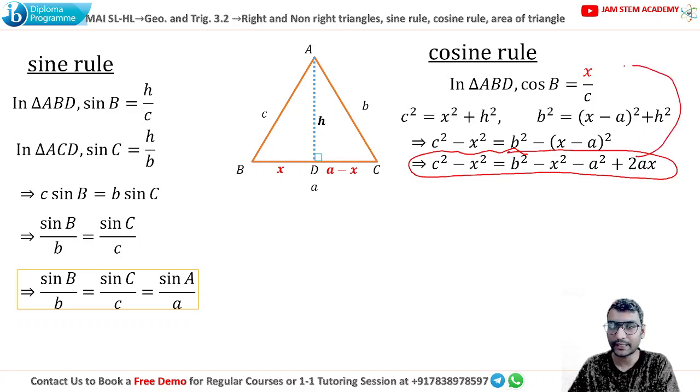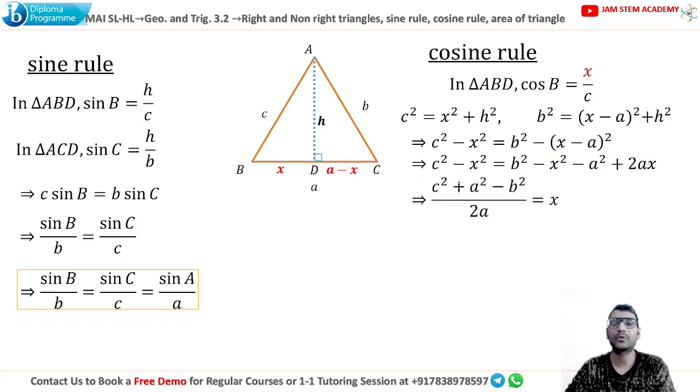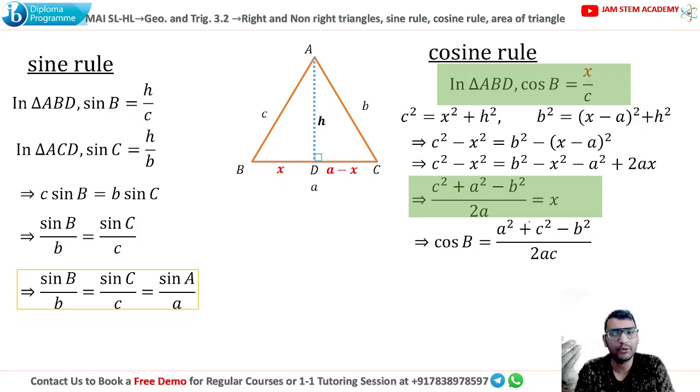From here we will get x as (c squared plus a squared minus b squared) over 2a. Now plug in that value of x back to our relation. And hence we will get cosine B equals (a squared plus c squared minus b squared) over 2ac, in which we have only a, b, c, no x, no h. So that's the value of cosine B.